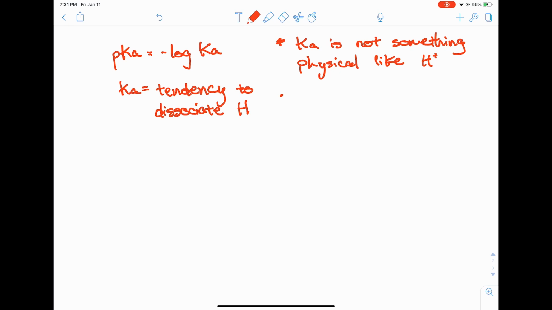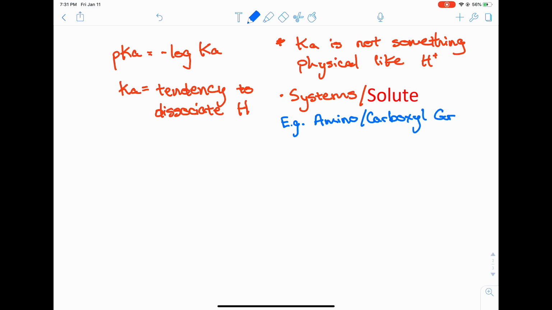So this value, for our purposes, is usually going to be used to refer to the system we're interested in. Usually this is just going to be like a certain group on an amino acid. For example, you'll probably hear me say the pKa value of the amino group or the pKa value of the carboxyl group.